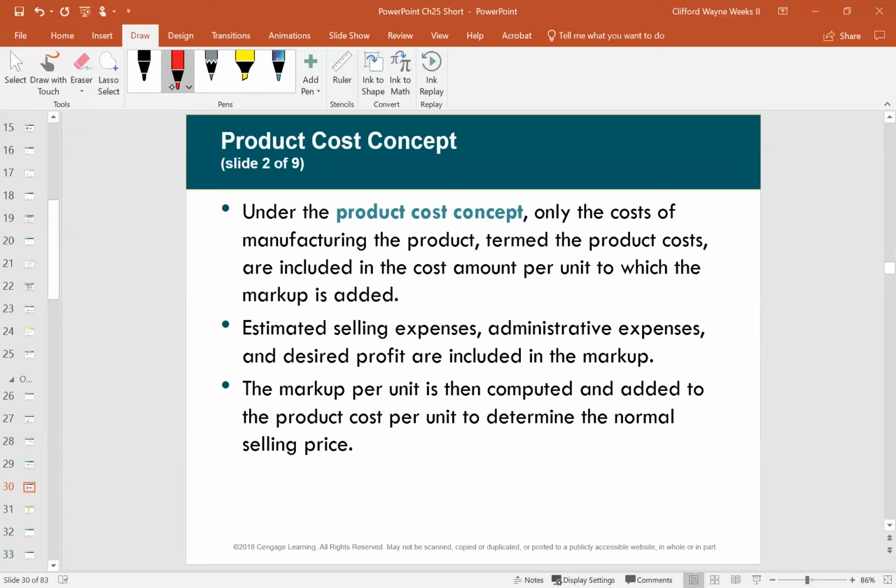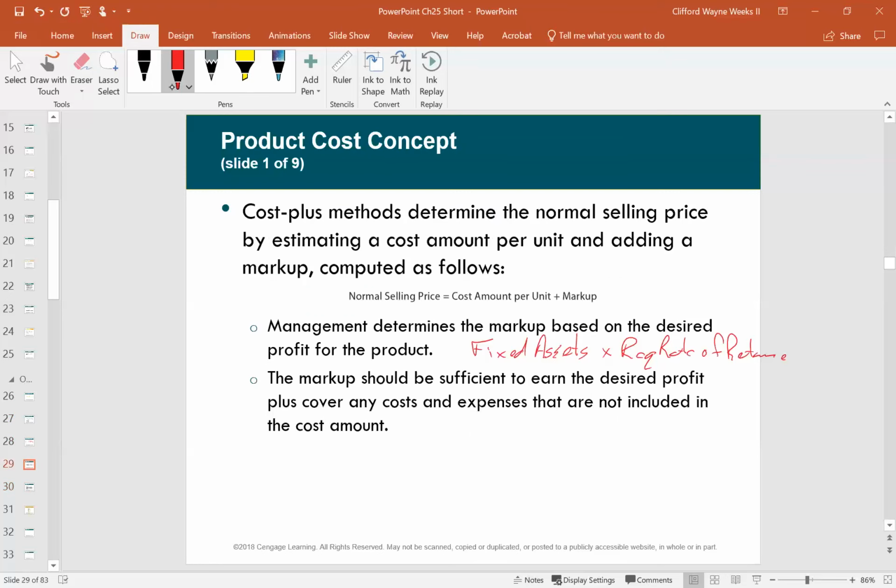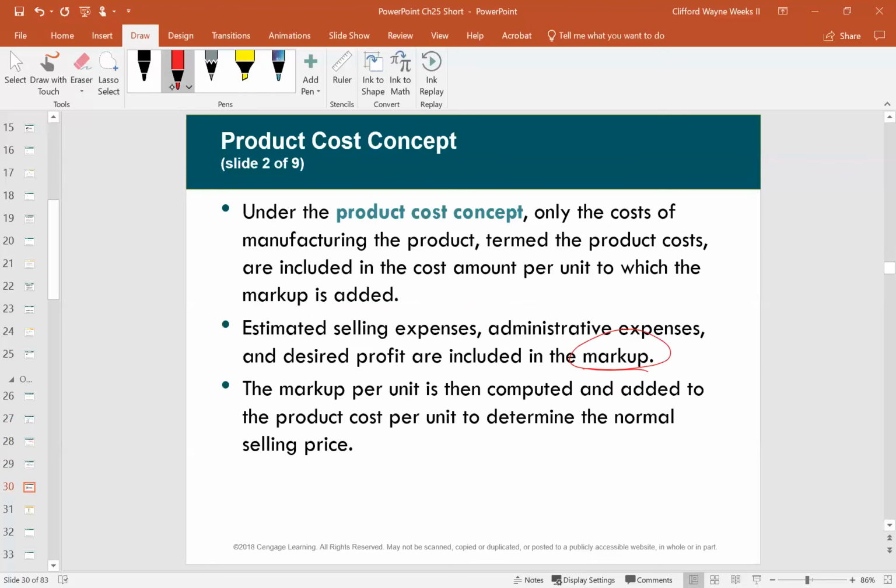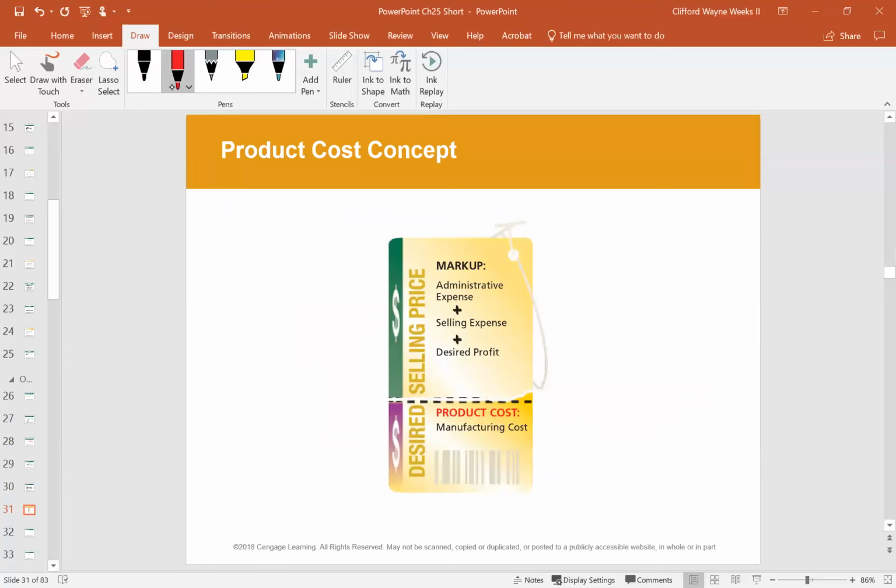So the estimated selling expenses, administrative expenses, and desired profit are included in that markup. The markup per unit is then computed and added to the product cost per unit to determine the normal selling price. And there's a 5-step method that we're going to walk through.